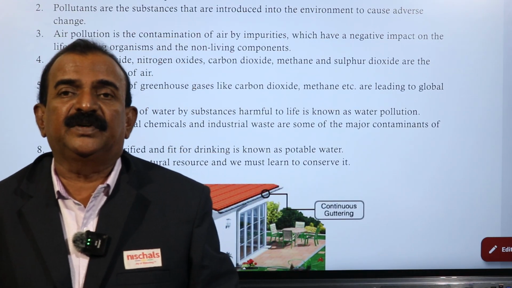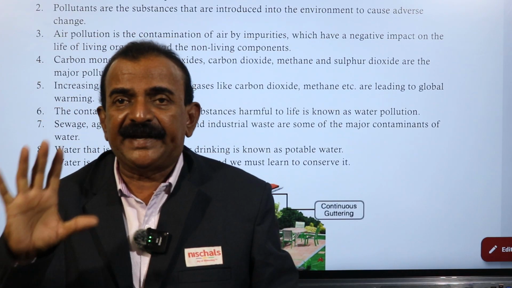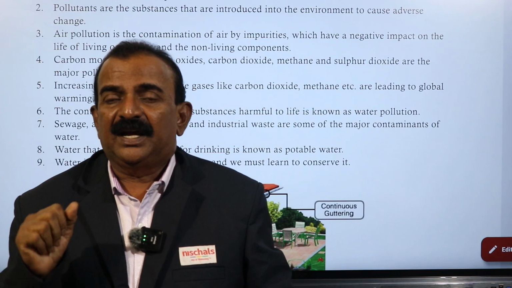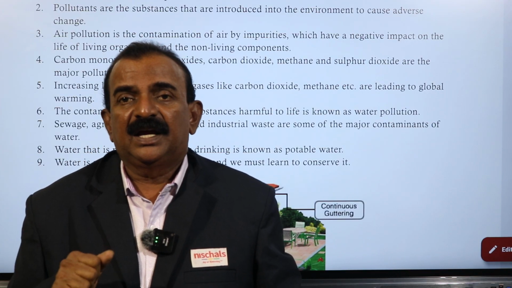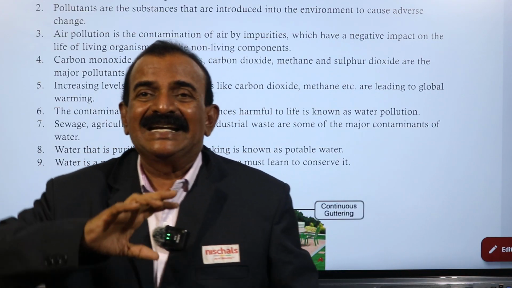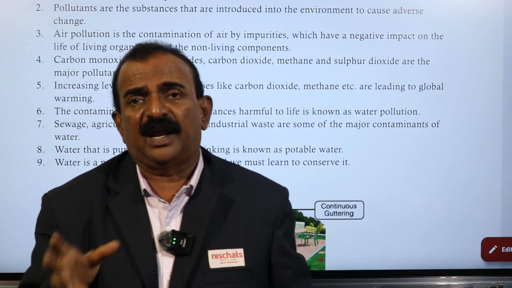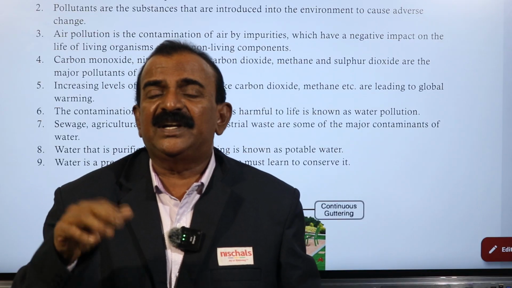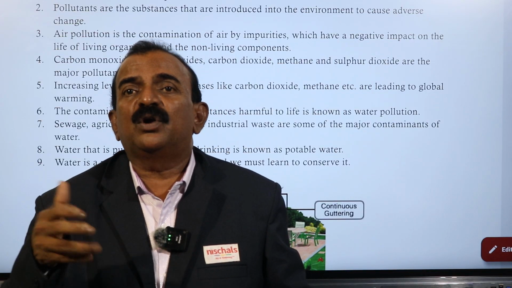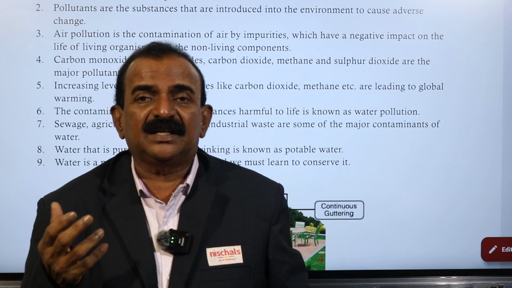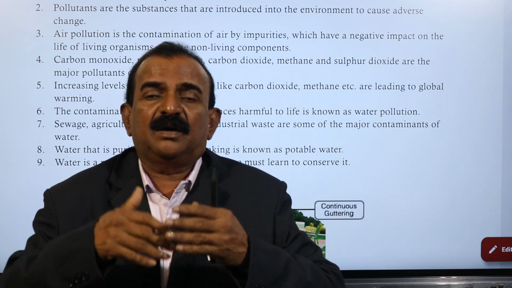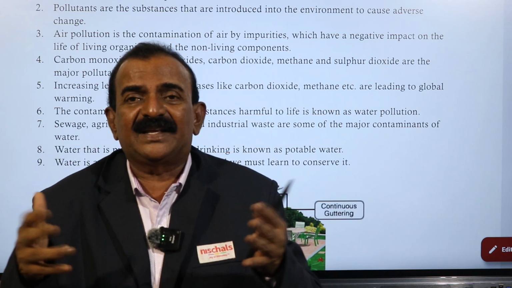Children, in this video we discussed what is meant by pollution and what the effects of pollution are, and how pollutants damage natural resources like water, air, and soil. We also discussed biodegradation, and the different ways in which water, air, and soil get polluted.